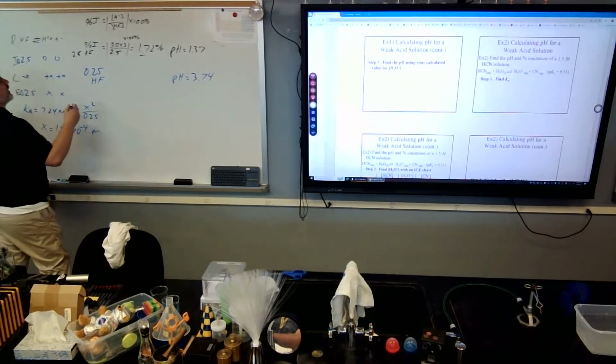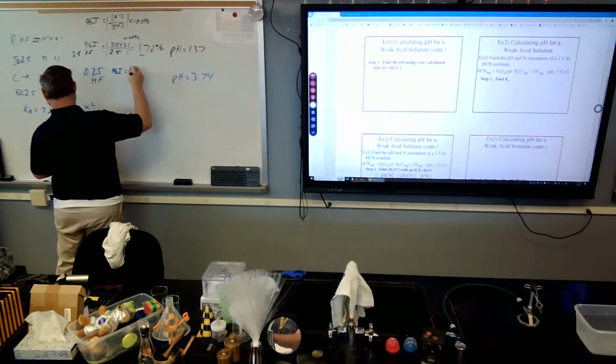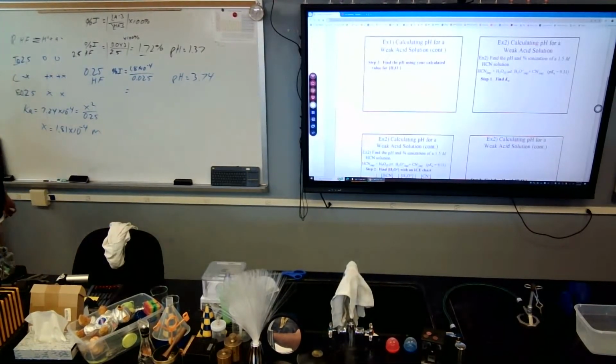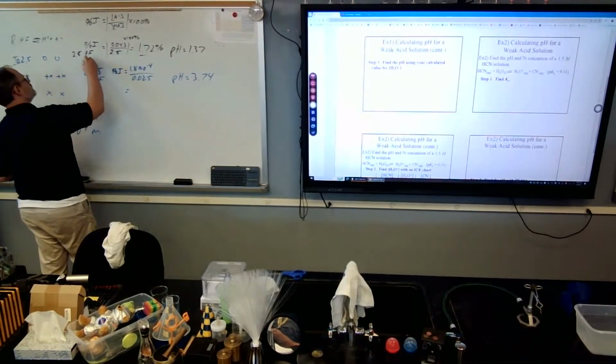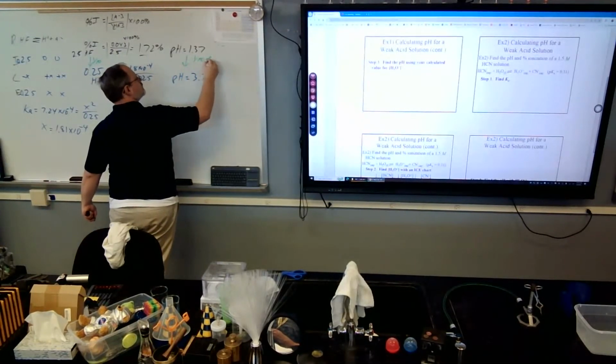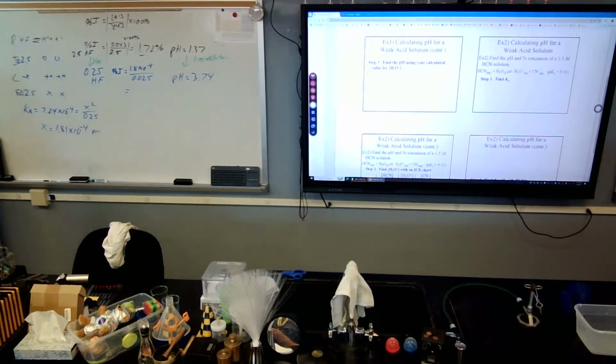Next, let's look at the percent ionization. Are you surprised by the number?